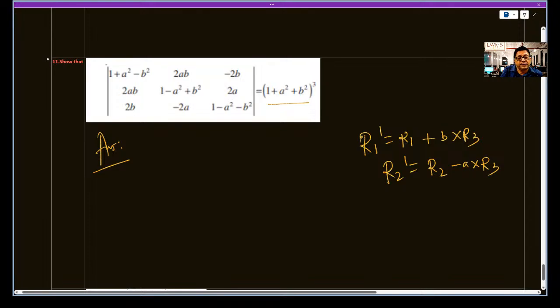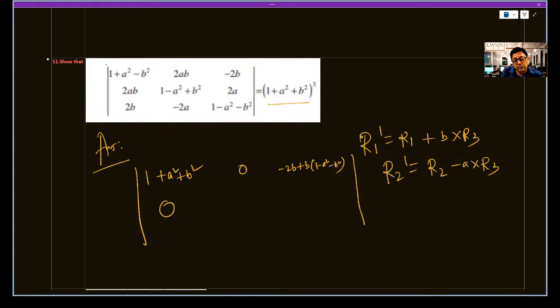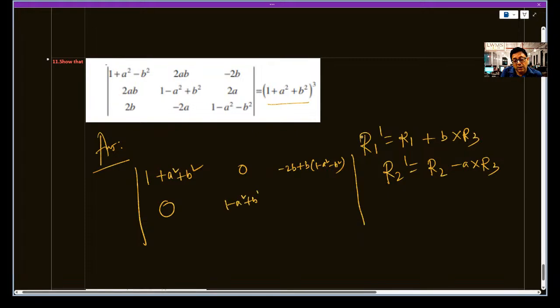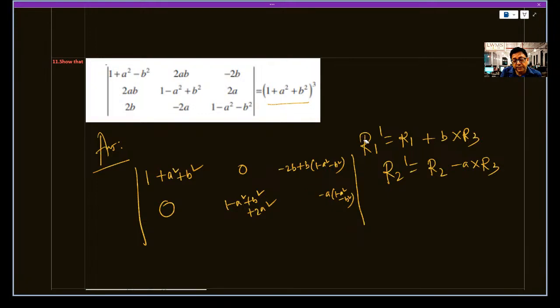So left hand side is what? If you add 2b square here, it is becoming this one, 0. Use this operation I have written here.